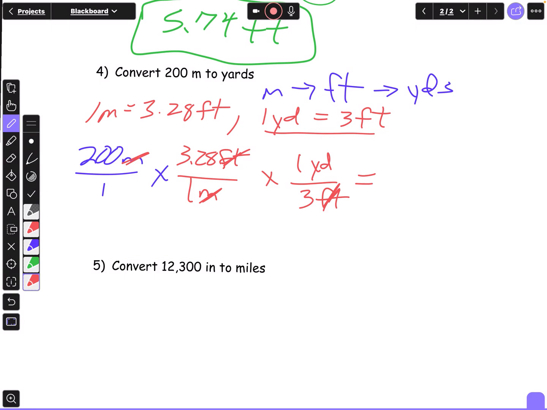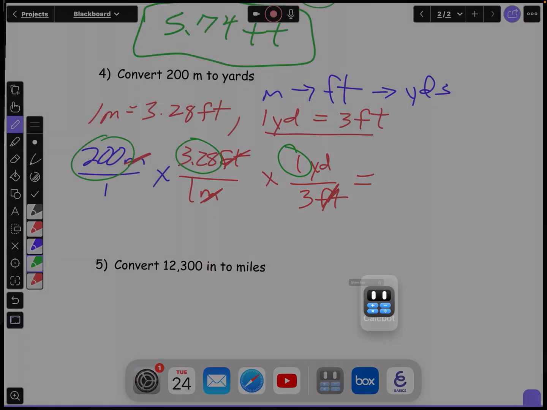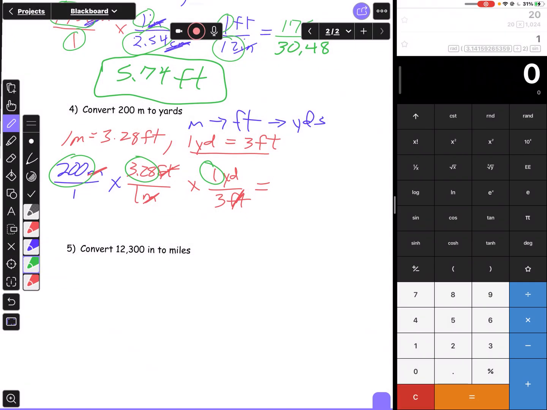So then let's do the math. I'm going to multiply all these numbers on top first. So that will be 200 times 3.28, which would give me 656 over, and then on the bottom I got 1 times 3, which would just be 3.